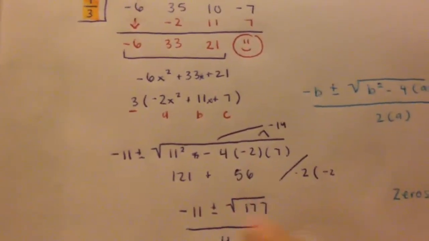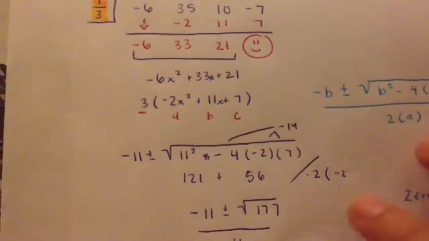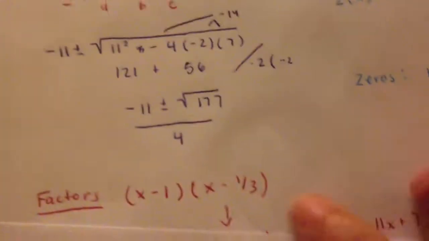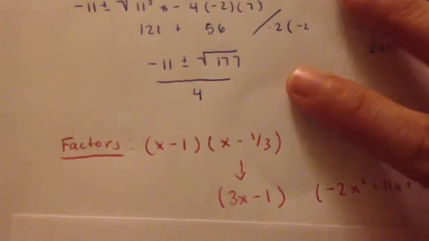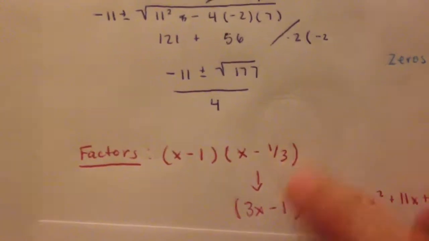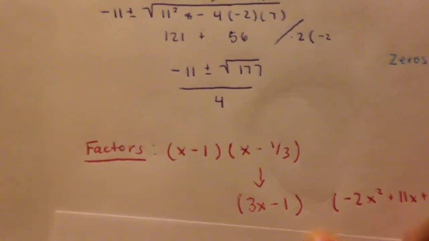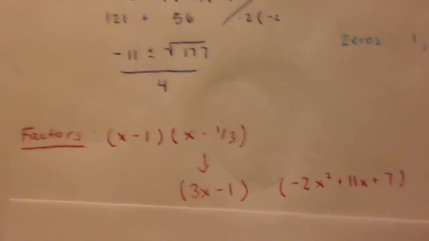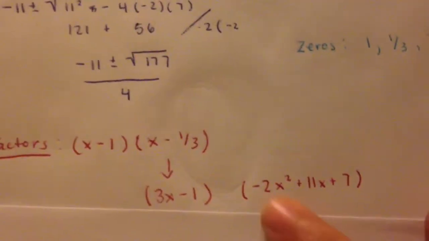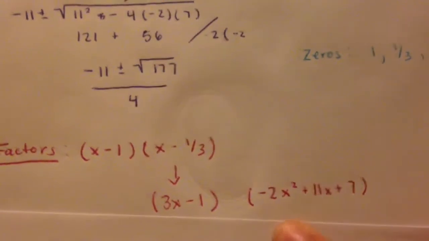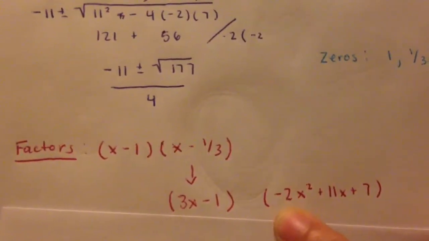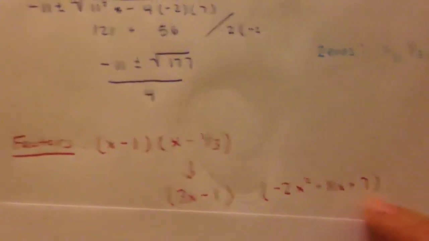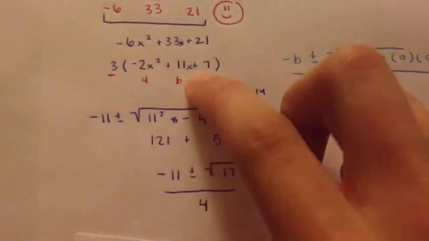But remember that we pulled out a 3, so we can distribute the 3 into this. The 3 would cancel out, so you would have 3x minus 1. Since we don't use imaginary numbers, I just left it like this. So you would have negative 2x squared plus 11x plus 7 as one of your factors.